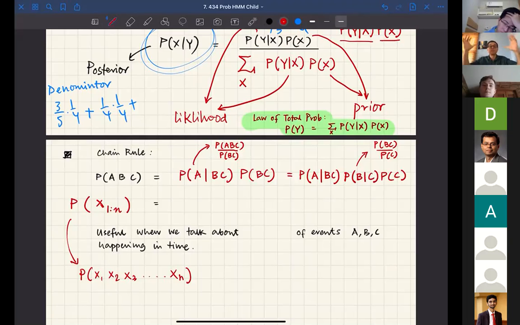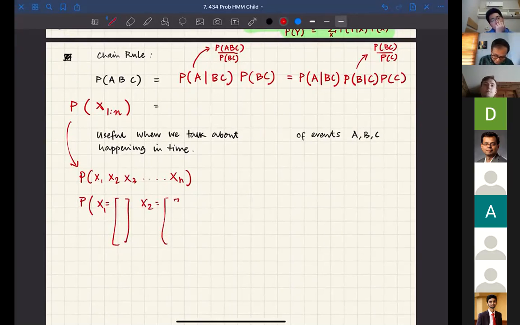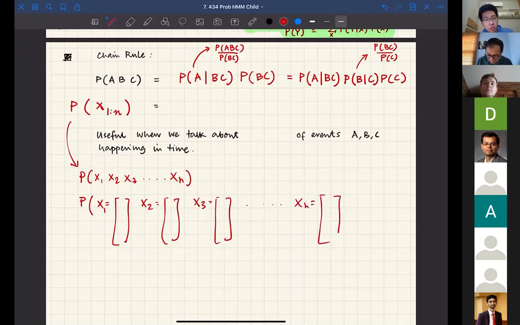So I'm looking at the probability of all of these variables together. In our vector notation, I would say this is P(x1 equals some vector, x2 equals some vector, x3 equals some vector, blah, blah, blah, xn equals some vector).